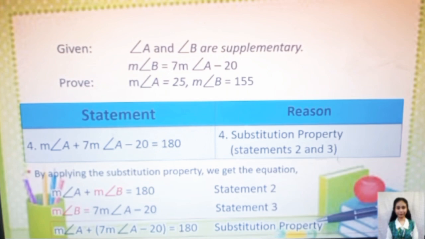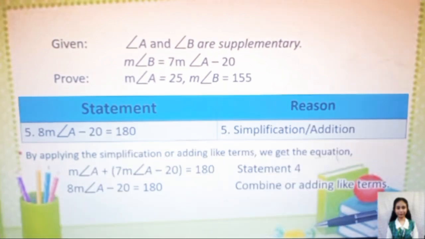Number 5, 8 times measure of angle A minus 20 is equal to 180. The reasons are simplification and addition.